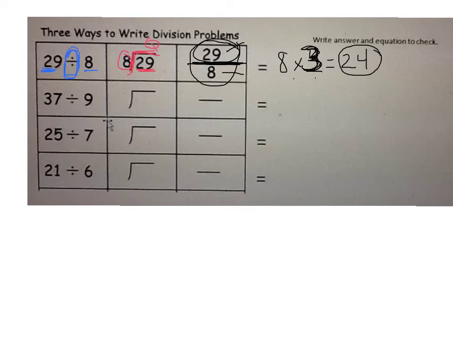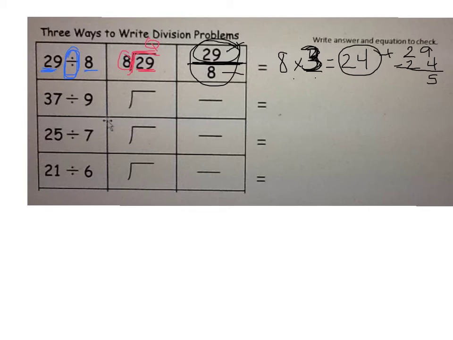Now, that means I'm going to be able to share 3 groups of 8, right? Or 8 groups of 3. But that's not going to give me my answer. I have to add something to 24 to get to 29. So another way to do that is I can subtract 29 minus 24, right? Equals 5. So what is my answer?